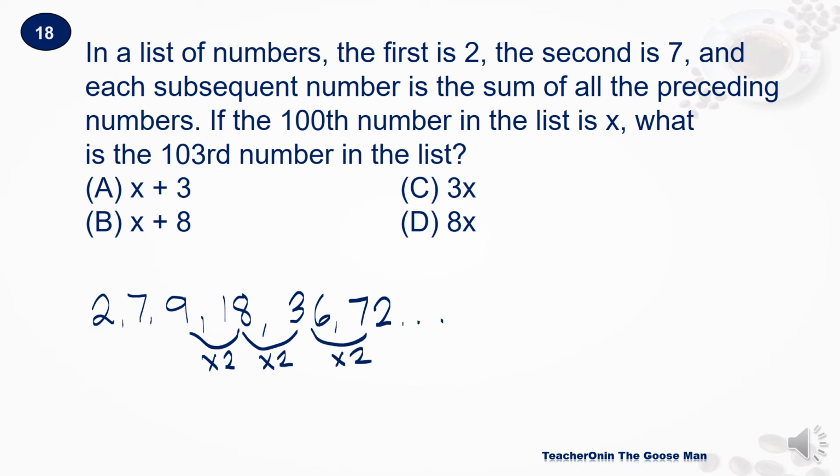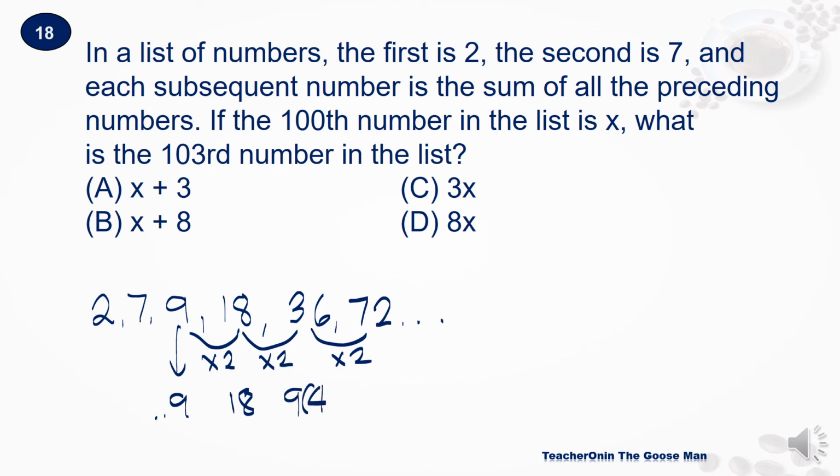From this pattern, I can rename the numbers. If I start here with 9, then I have 18. Observe that 9 times 2 is 18, and 36 is 9 times 4.